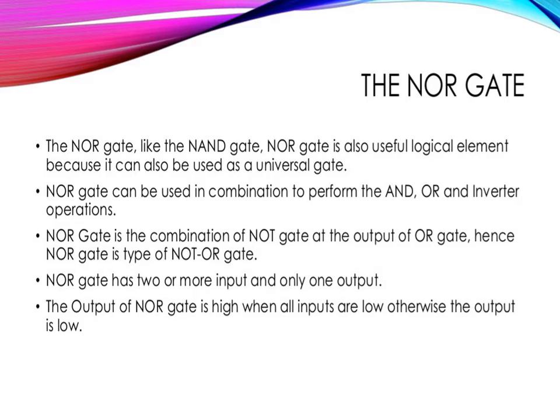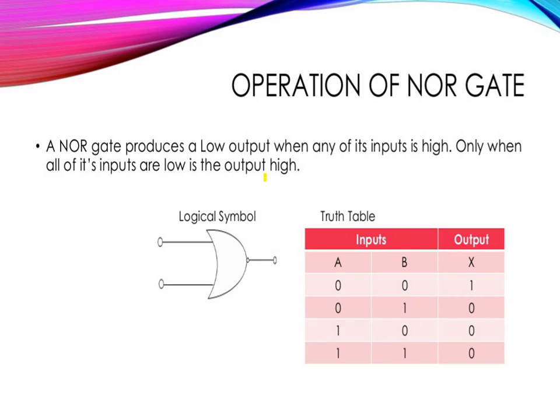It is also called a universal gate because it is used in combination to perform the AND, OR and inverter operations. NOR gate has 2 or more inputs and only one output. The output of NOR gate is high when all inputs are low, otherwise the output is low.